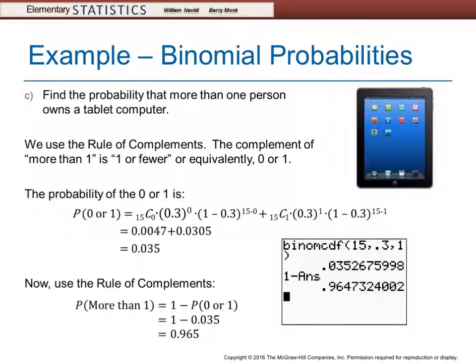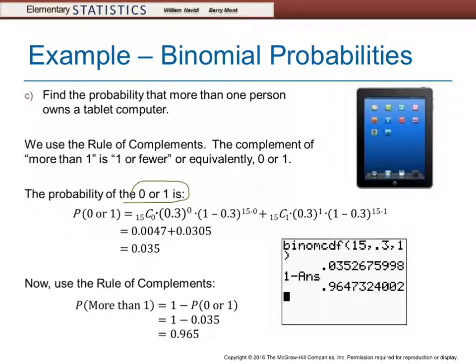So we get to use the complement feature of probability. It says find the probability that more than one person owns a tablet. Well, we use the complement rule, because more than one is just 1 minus 1 or fewer. So what we can do is calculate the probability of 0 and 1 first, because that's going to be easier than calculating the rest of the 13 probabilities going from 2 up to 15.